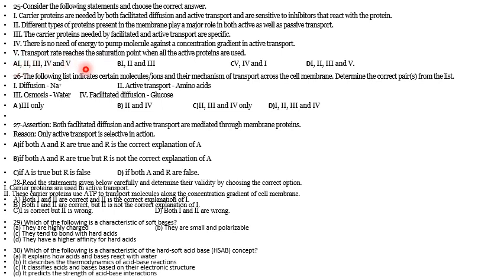Number 5 transport rate reaches the saturation point when all active proteins are used. هل هو الاختيار A هل هو 1 2 3 4 and 5، number B هل 1 and 2، 1 2 and 3، number C هل هو 5 و4 و1، number D هل هو 1 و2 و3 و4.